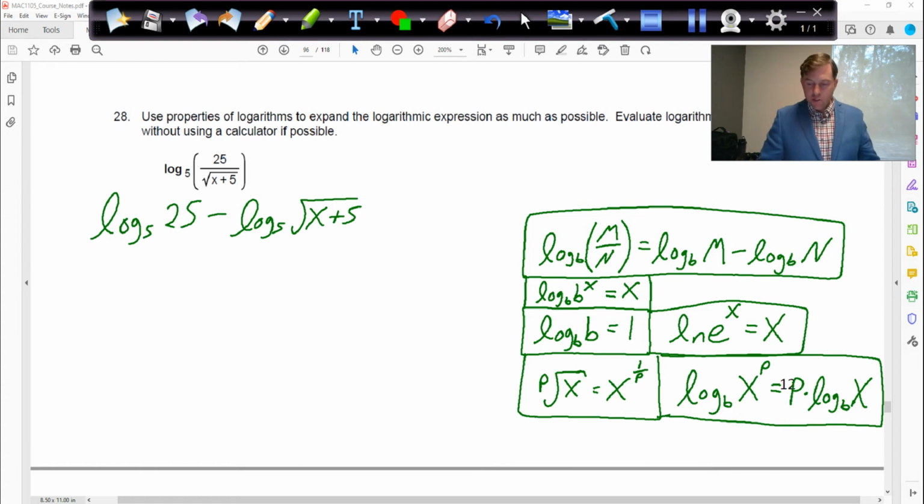When we saw log base 11 of 11, 11 had the power of 1, and so it just became 1. Well, that's a subcase of log base b of b to any power x, which reduces to x, the power. And we're going to use that because 25 can be written as 5 squared. So we write 25 as 5 squared, and then we're going to be able to use that log base b of b rule.